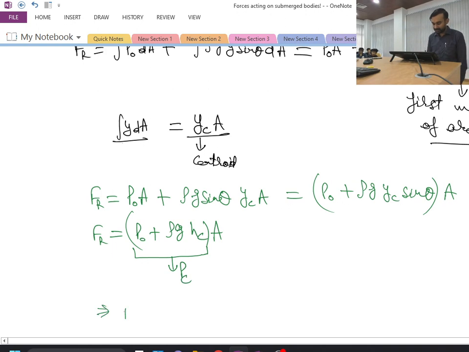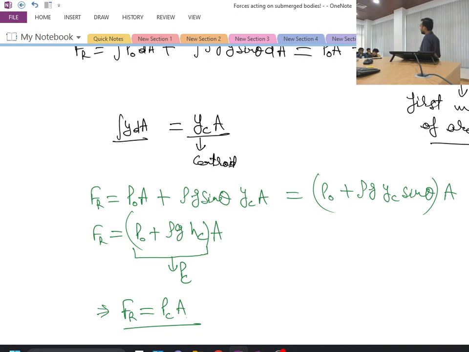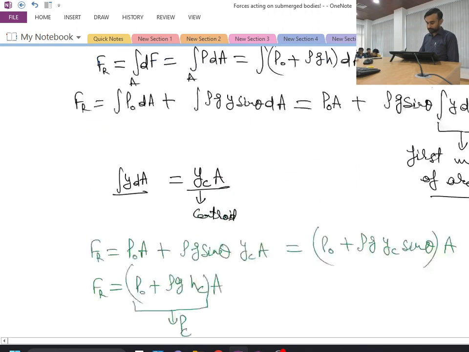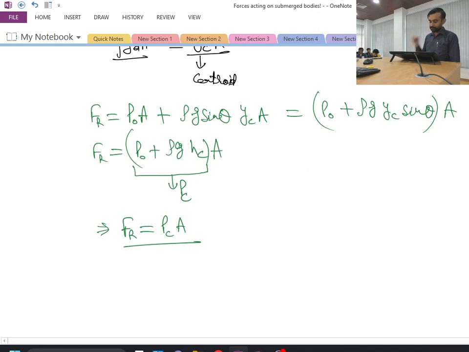So I can simply write my force Fr as nothing but equal to the pressure at the centroid of the planar surface times area. Is this one clear? So this is nothing but pressure at the centroid times area. Okay. Up to this point, is it clear?